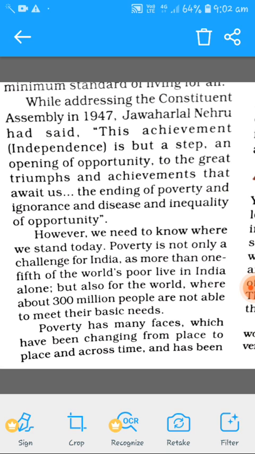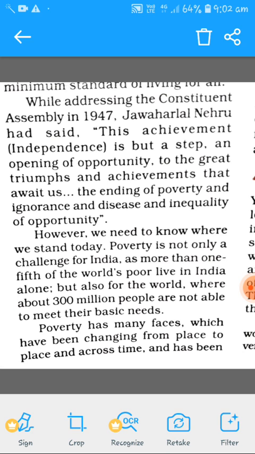But we have to know what the situation is today, in the present time, whether the objective set by Jawaharlal Nehru has been achieved or not. That we have to see.